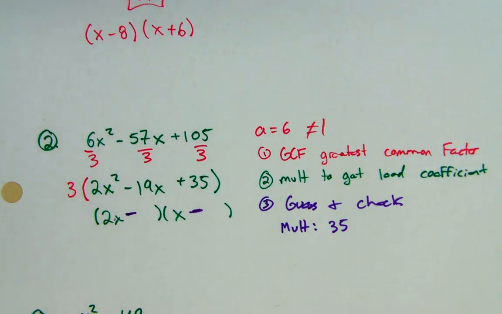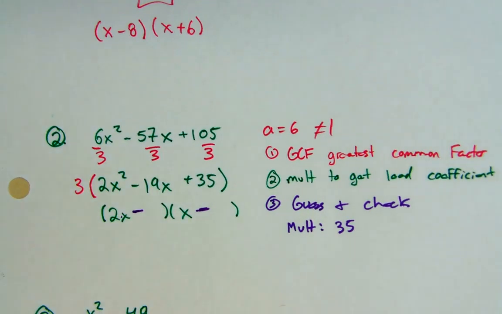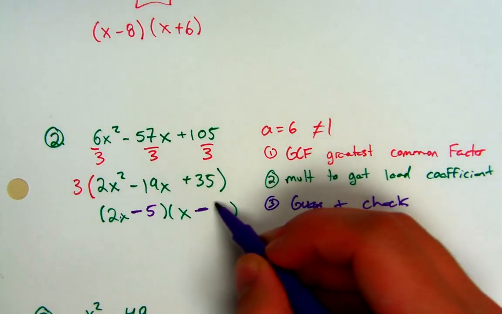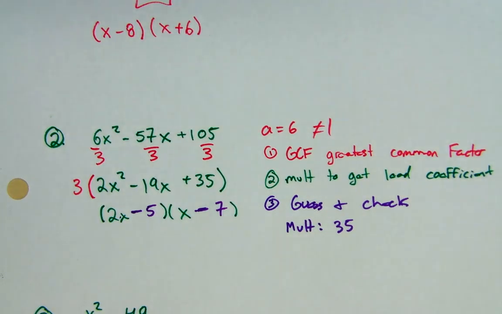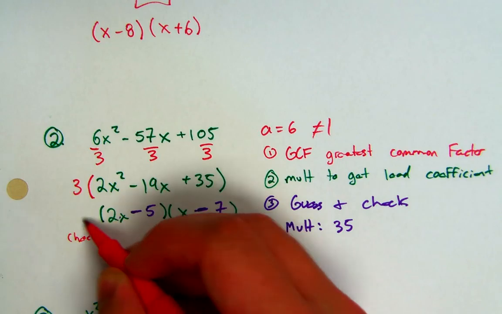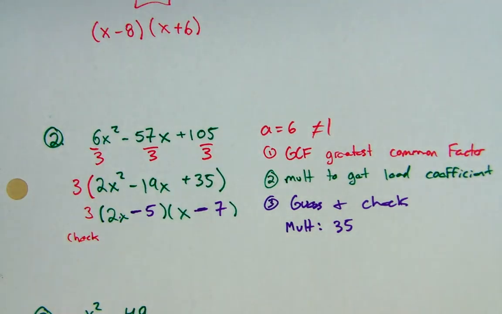So I should probably try 5 and 2. Or, well, 5 and 2 doesn't give me 35. But 5 and 7 would work. So let's try 5 and 7 and see what happens. I'm going to put 5 here and 7 here. So again, do your check step. And that 3 does come down the whole time.